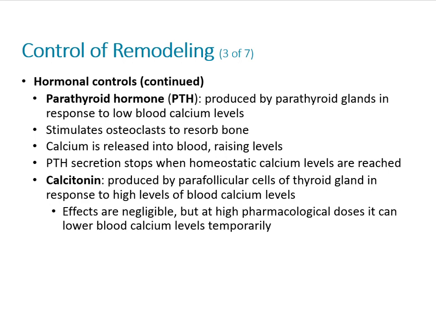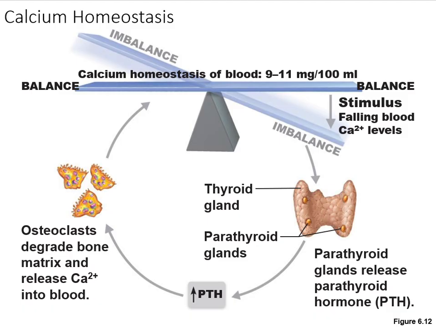But you can live completely fine if you never have calcitonin. We just want to mention it here as an antagonist to parathyroid hormone, something that does the opposite of parathyroid hormone. So parathyroid hormone increases calcium in the blood, and calcitonin decreases calcium in the blood. So here we see a homeostatic imbalance. Calcium homeostasis is what we're looking at.